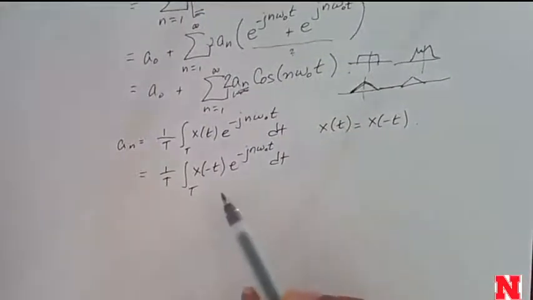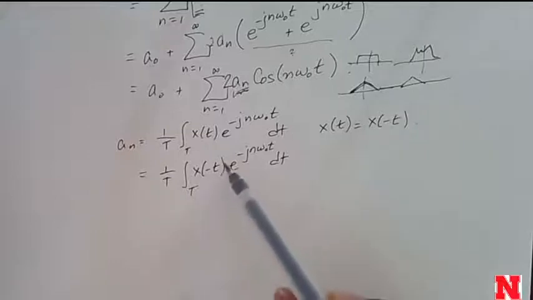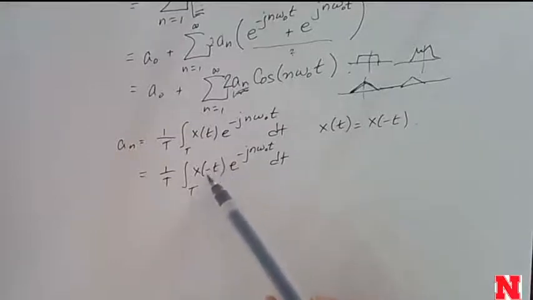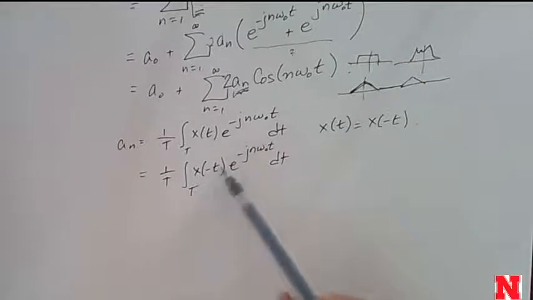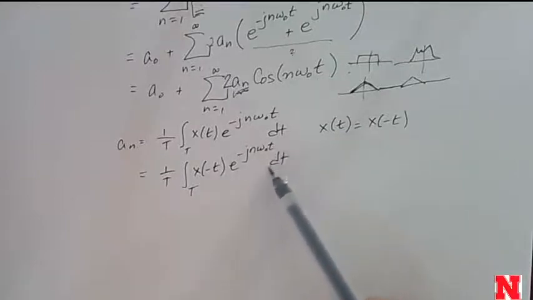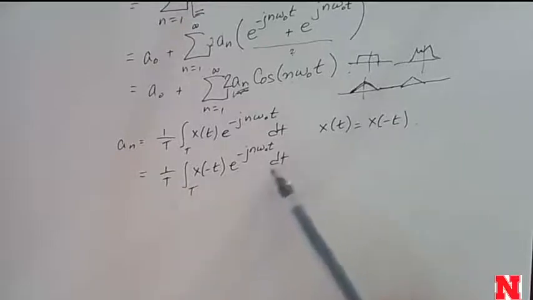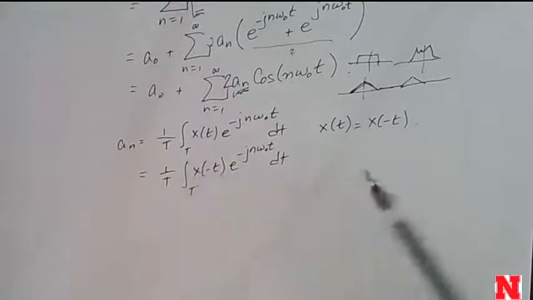And now what I can do is use that variable substitution thing. It's a little bit more complicated when it comes to integrals, but I'm going to skip that and just show you the end result. So if I do a variable substitution, basically I replace minus t with t here. That'll affect dt as well, but I'll take care of that by playing with the limits.